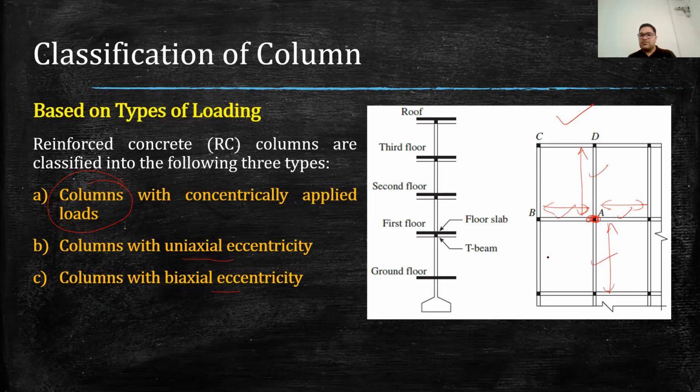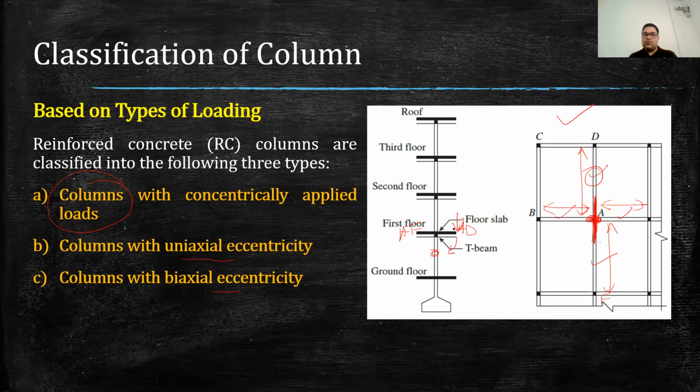In this ideal condition, what will happen? When this beam transfers bending moment to this column, the same bending moment will be countered by this beam. If we cut the section of this column along this line, and consider this beam as AD and this beam as AF, when load comes on this beam it will try to rotate like this.